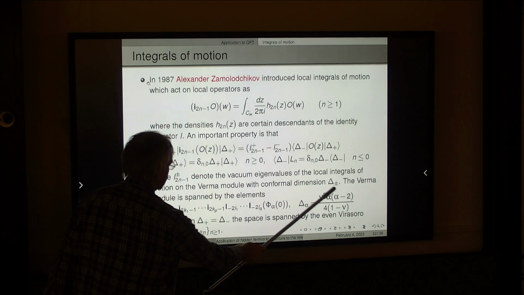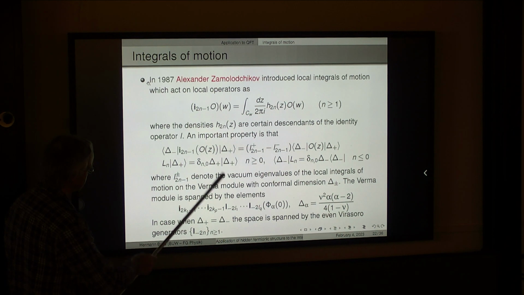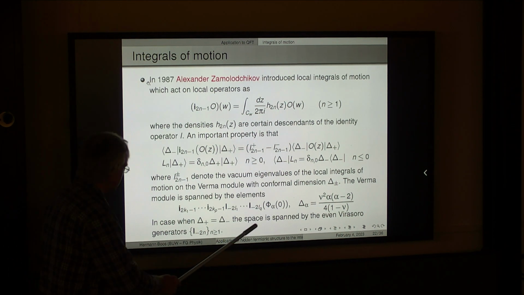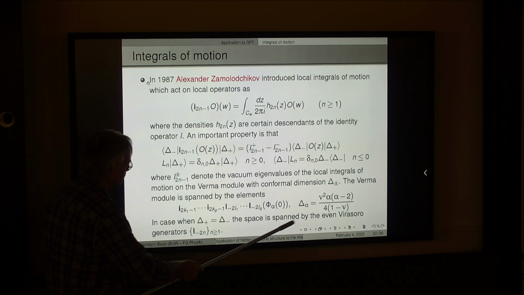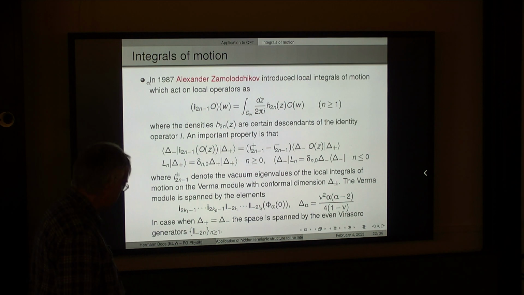So delta alpha is the conformal dimension of this primary field phi alpha. And in the case when delta plus is delta minus, actually the space is spanned by the even Virasoro generators, as I explained here. And it is equivalent to working on the quotient space, quotient with respect to the integrals of motion.